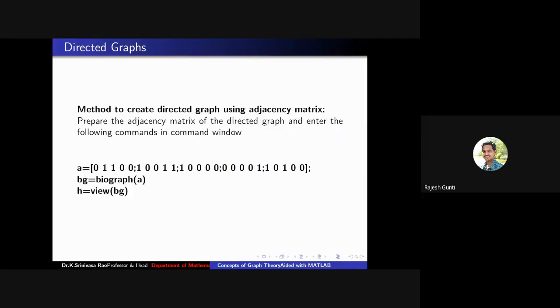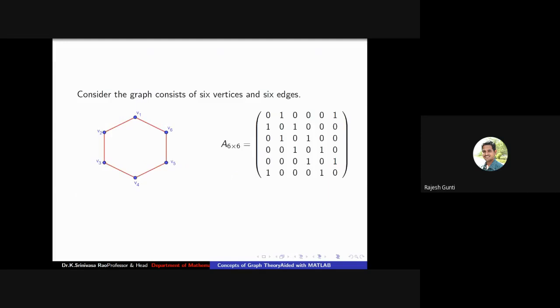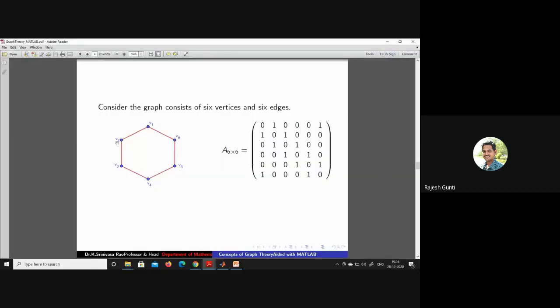Using the adjacency matrix, we can draw graphs in MATLAB. But I wouldn't suggest MATLAB to draw a diagram.